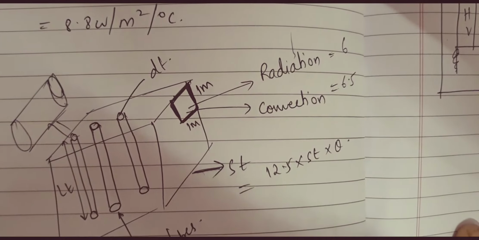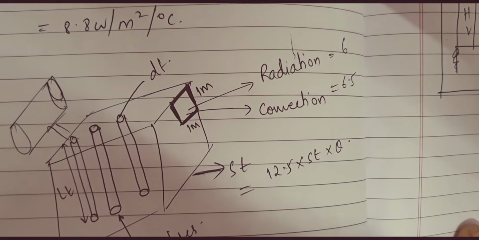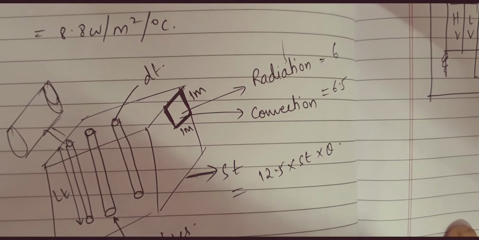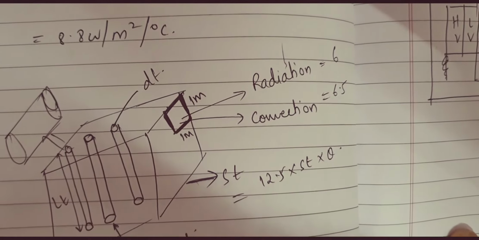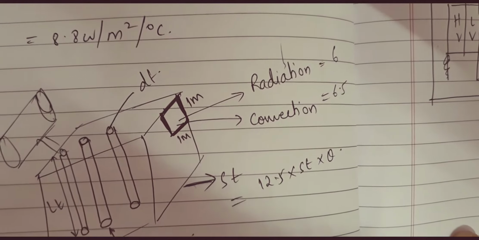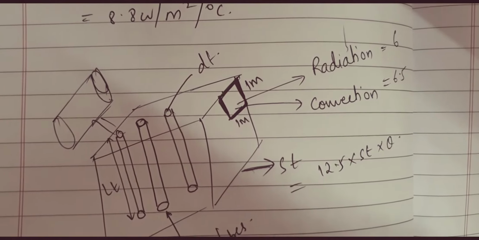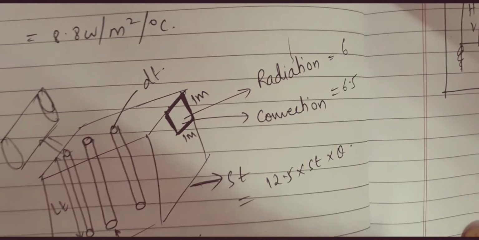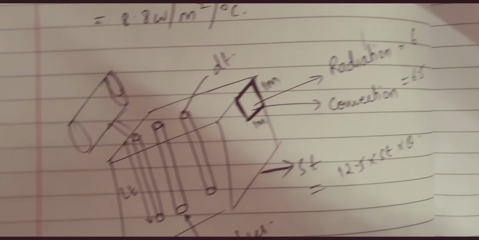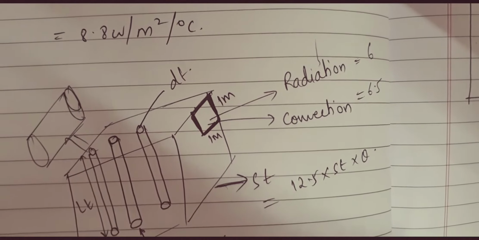In total, it is going to dissipate 12.5 watts per meter square per degree rise in temperature. So I can write the total heat loss occurring from a transformer as total loss is equal to 12.5 into total surface area into rise in temperature, that is theta.